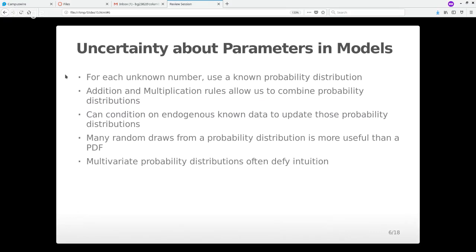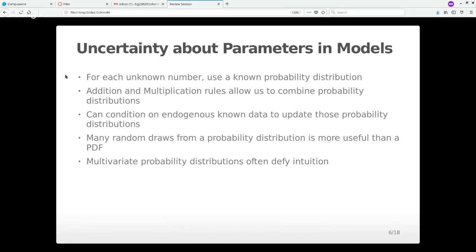And then the addition and the multiplication rules, particularly the multiplication rule, allows us to combine probability distributions, and we can compose a joint probability distribution with a marginal distribution on one thing and a conditional distribution of something else, given the realization for the first thing, to build up joint distributions over all of the unknowns.